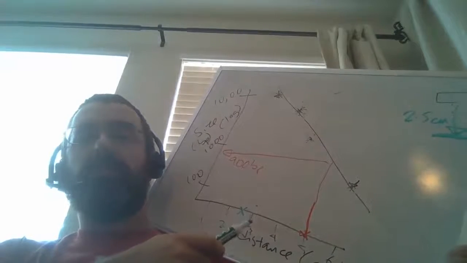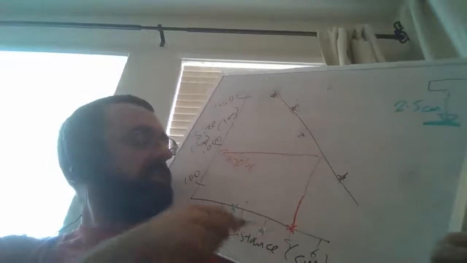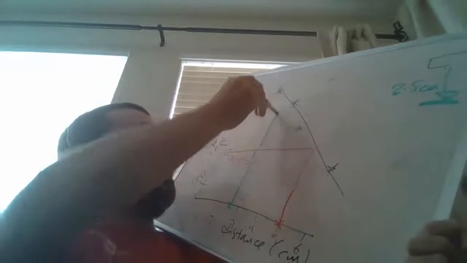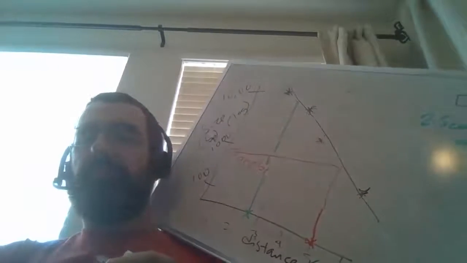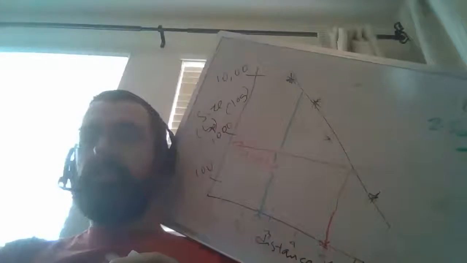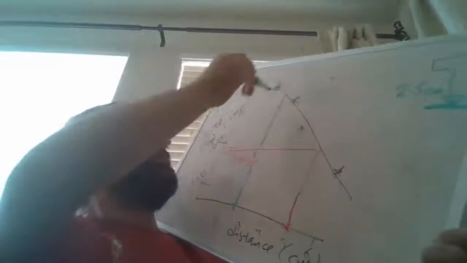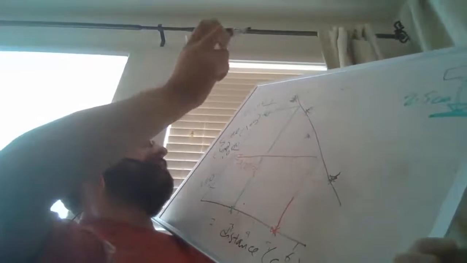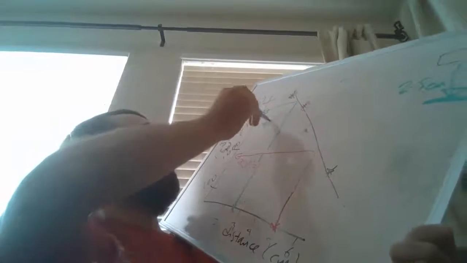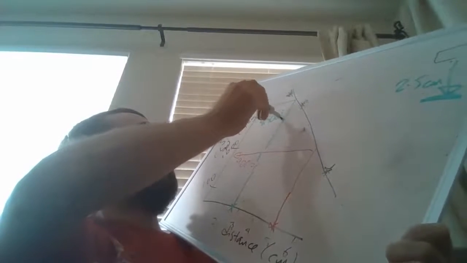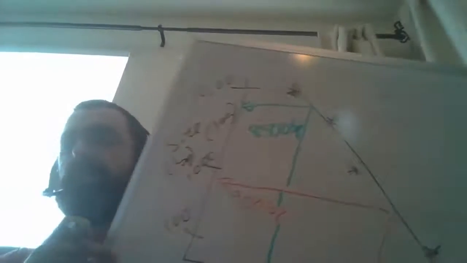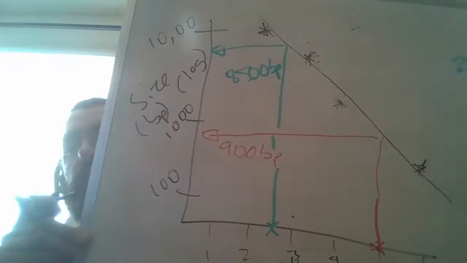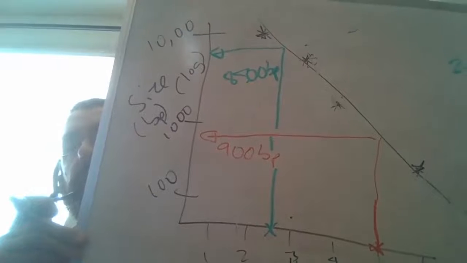I always get confused between x-axis or horizontal axis. We draw a line up again until it hits the standard curve. And over here, that might be 8,500 bases instead, or base pairs, or 8,500.